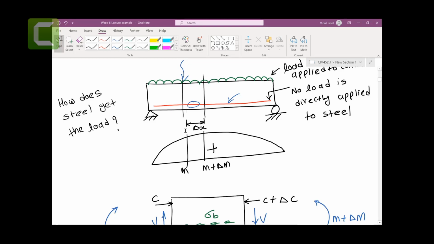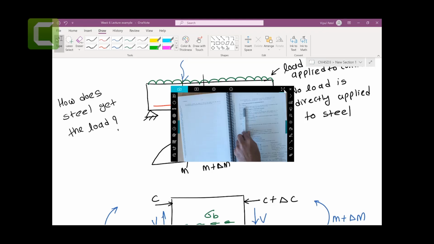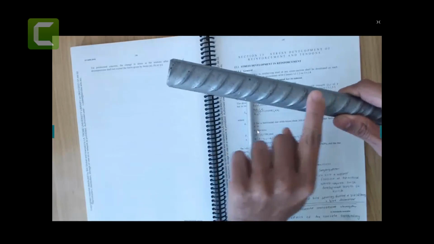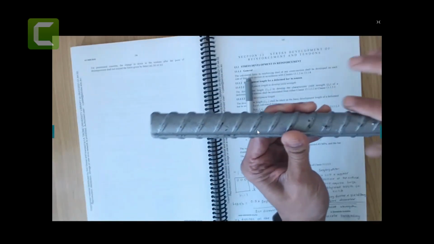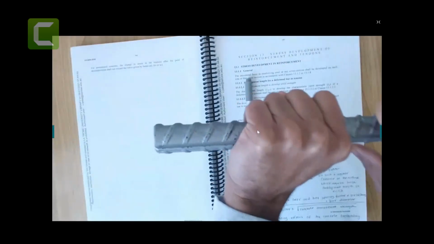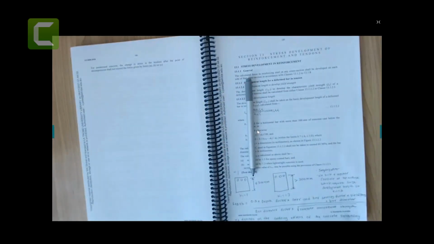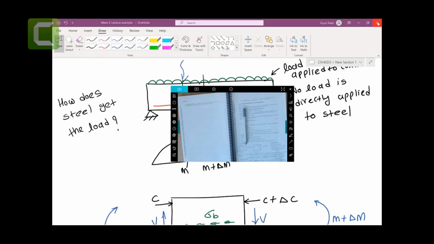Therefore these ribs are provided. These ribs provide the interlock between the concrete and the steel. That's how they provide the bond.